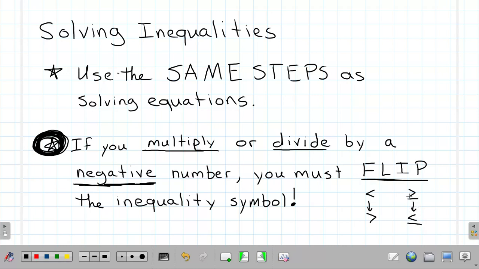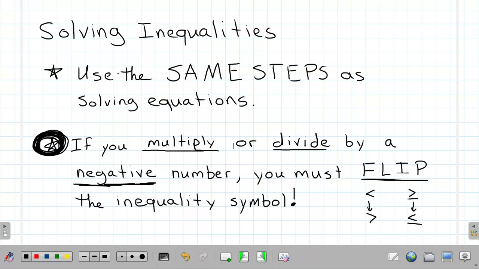One thing to bring up here is that when you flip an or equal to symbol, like greater than or equal to or less than or equal to, it also has to be equal to as well, depending on how you flipped it. What I'm saying is that the equal to has to stay, or it has to not be there if it's not there in the first place. But once again, if you multiply or divide by a negative number, you must flip the inequality symbol.